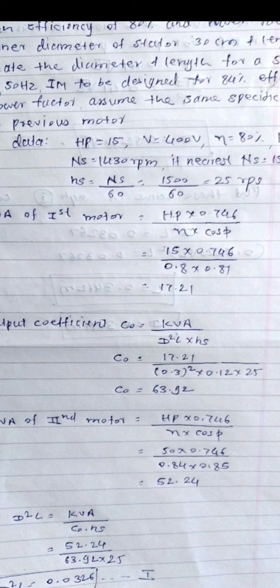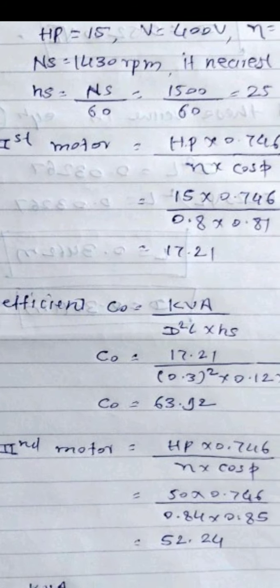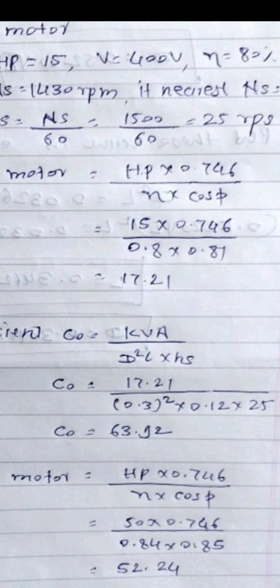Put the values: HP is 15, efficiency is 0.8 and power factor is 0.81. Calculating, it becomes 17.21.